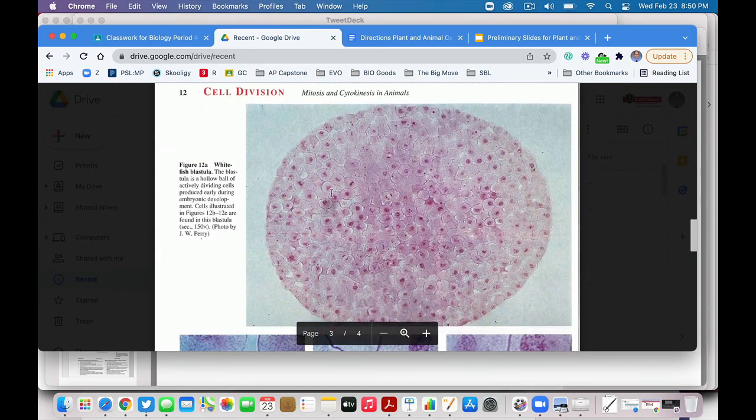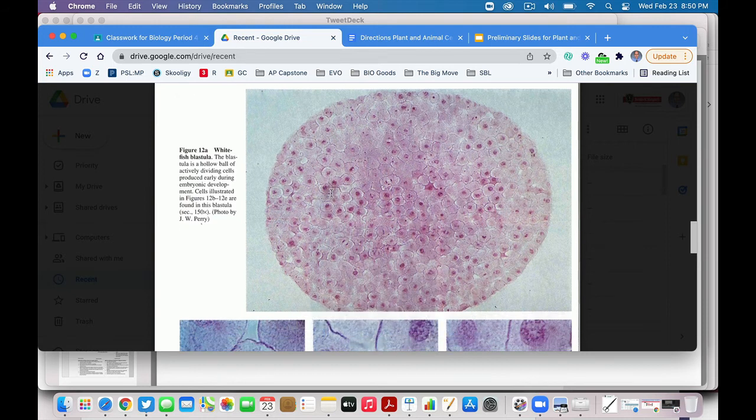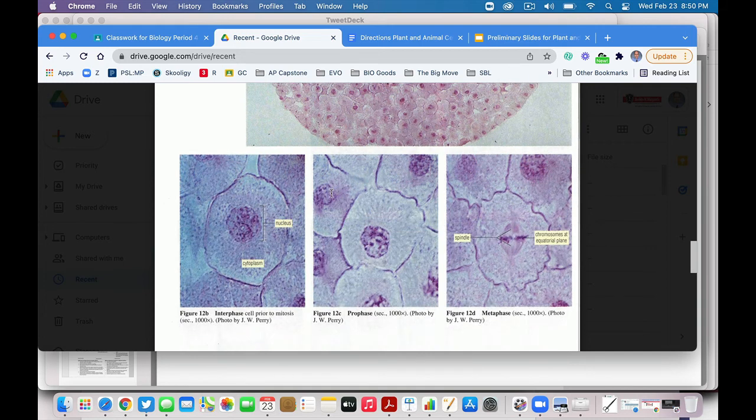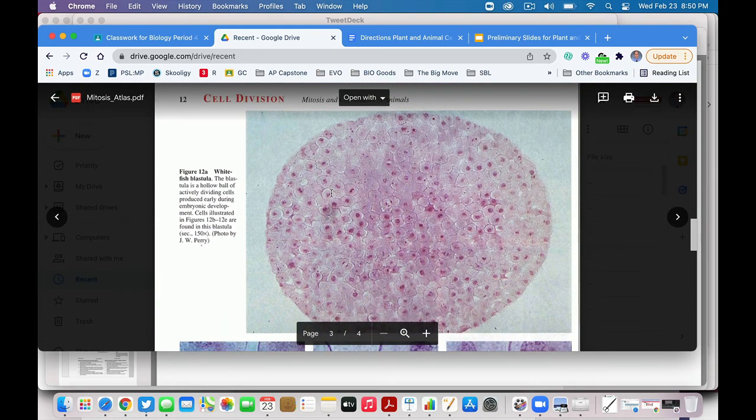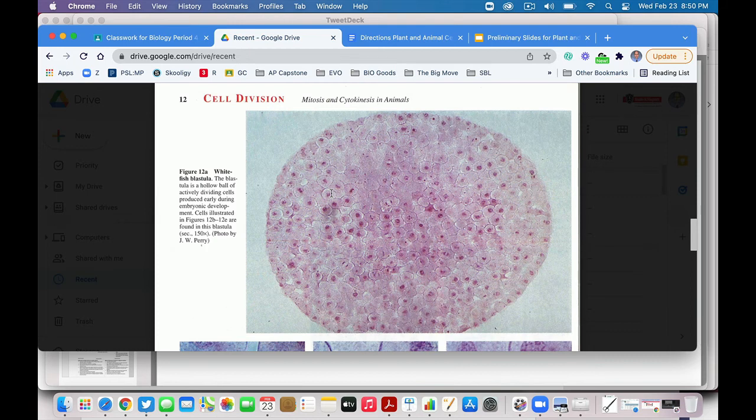The next set, here's that squashed blastula, the pizza with all of those cells. And then zoomed in at, this is 1,000 magnification, so this is really close. One of the things that you'll notice when you look at the blastula on the slides is there are going to be little circles, little discs.